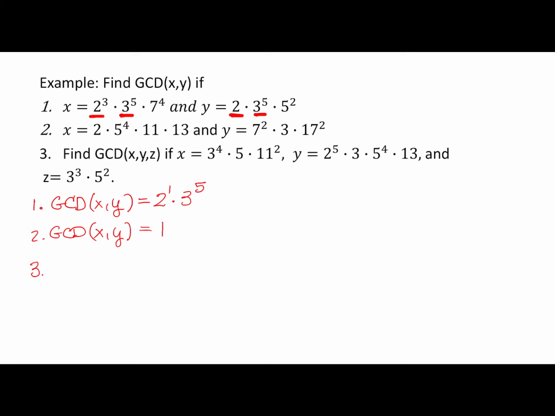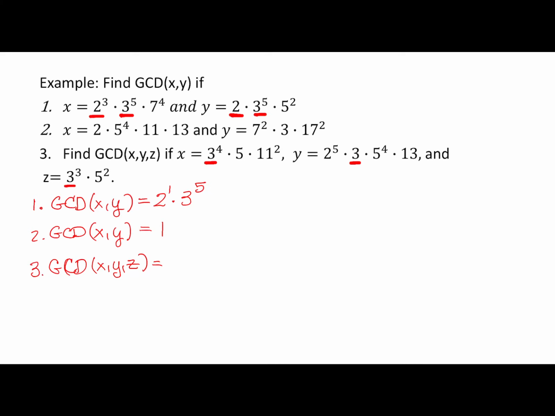All right, now I want to find the GCD of 3 numbers, and so there are a couple of ways that you could approach this. So if we've got them all in prime factored form, which I do, I want to identify the primes that are common to all 3 numbers. So here I have a 3 in the factorization of x, I have a 3 in the factorization of y, and a 3 in the factorization of z.